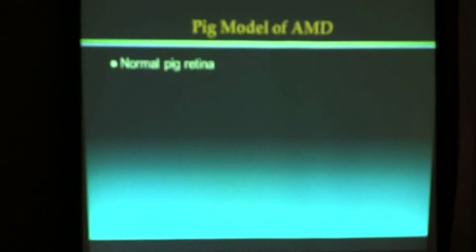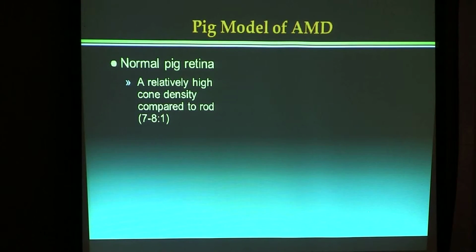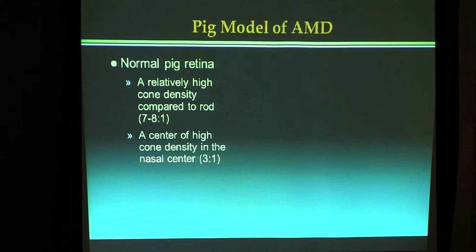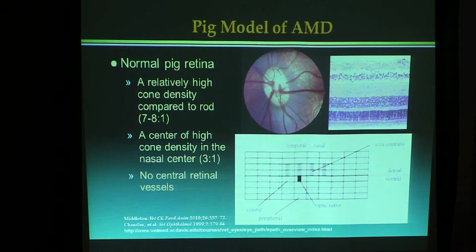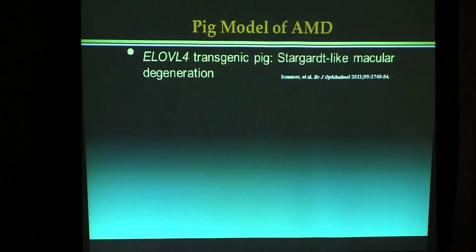The pig is now recent news, again, because the pig has relatively high cone density similar to human. Also the size is very close to human. This pig has a central high cone density, but again, they don't have macula. One you can use is the ELOVL4 transgenic pig, and they develop Stargardt-like macular degeneration.